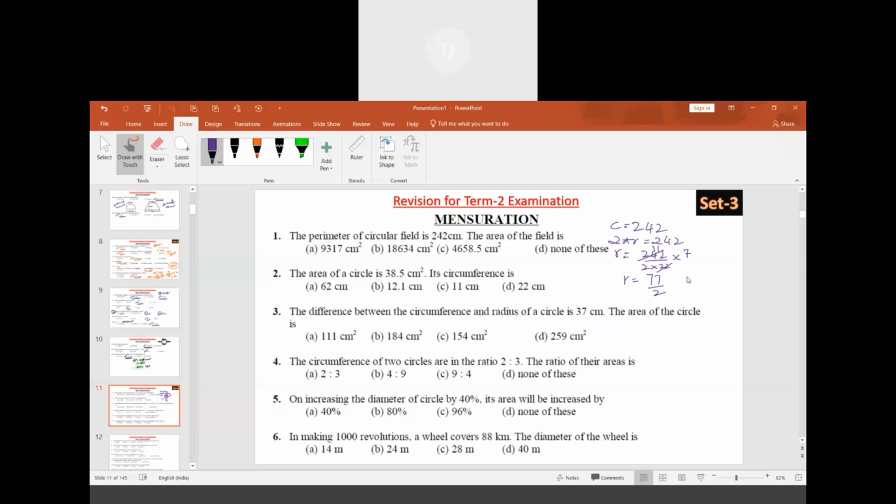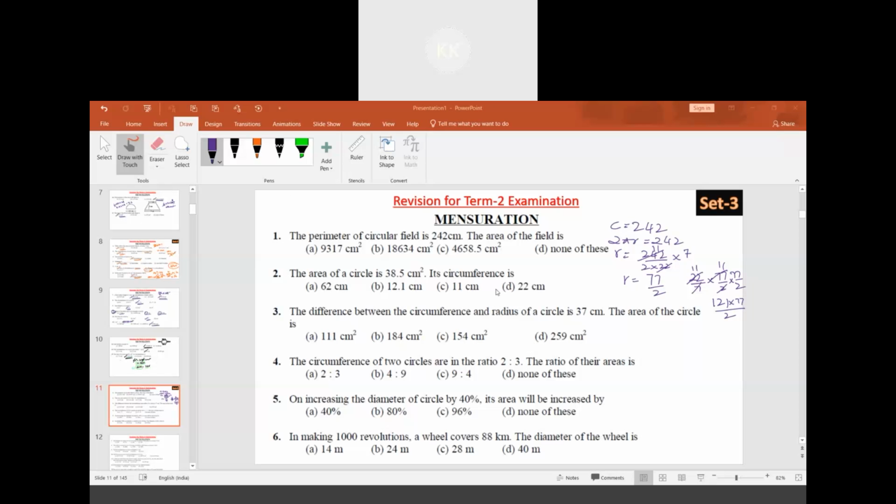So area is pi r square, 22 by 7 into 77 by 2 into 77 by 2. This is 11 times, and once again 11 times. We get 121 into 77 divided by 2. How much will that be? 121 into 77 is 9317.